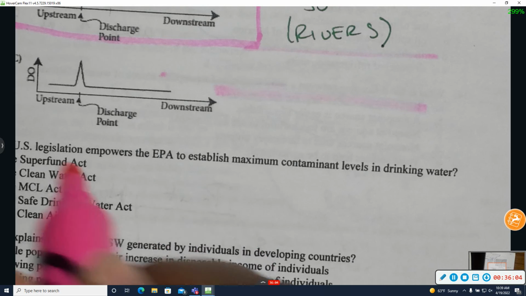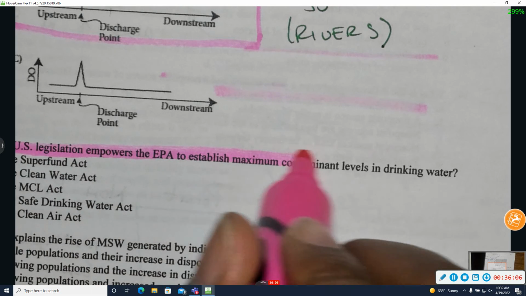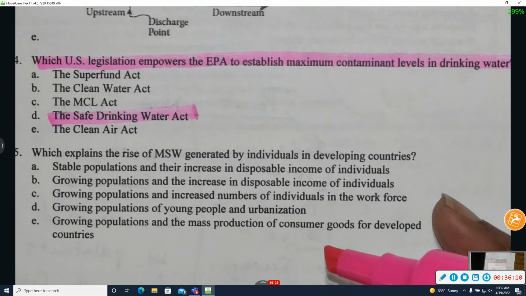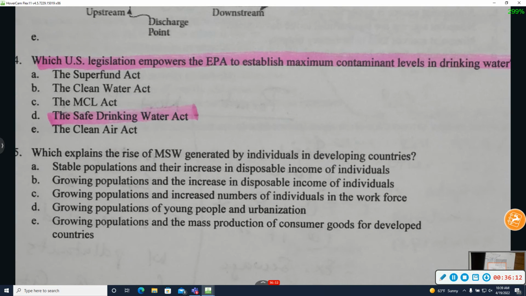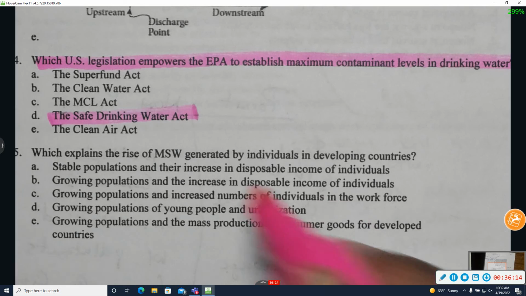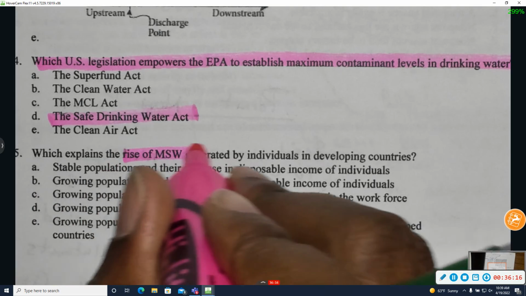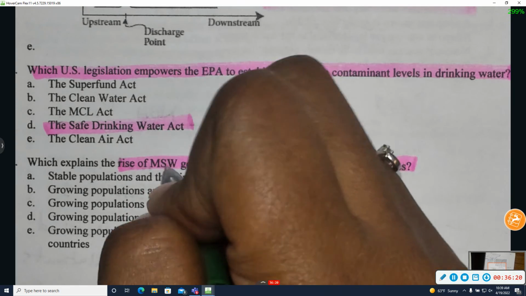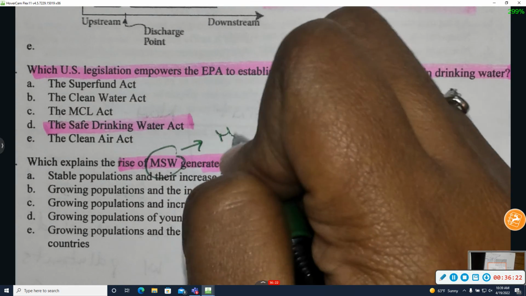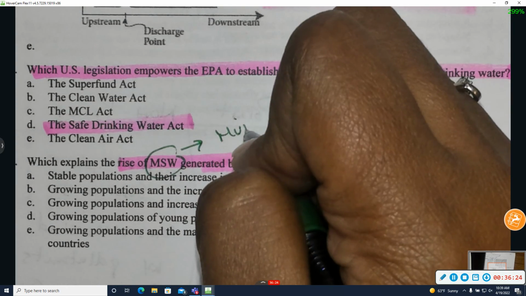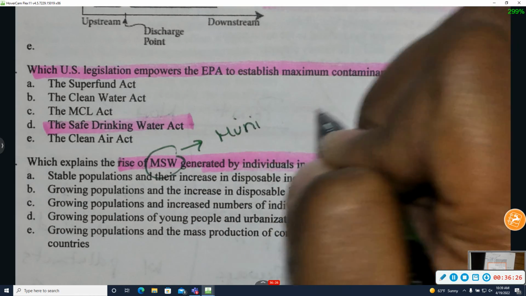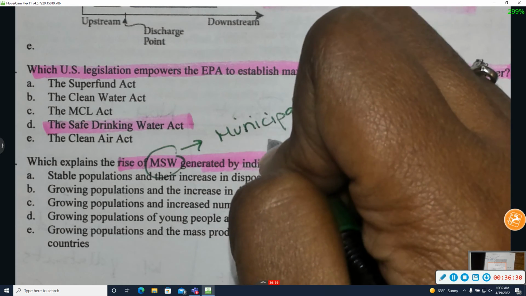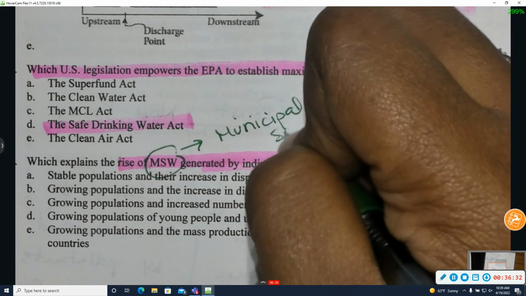This one is another law. Drinking water is that one. Kind of feel like that was obvious. The next one says the rise of MSW. Remember, MSW, it's municipal solid waste.